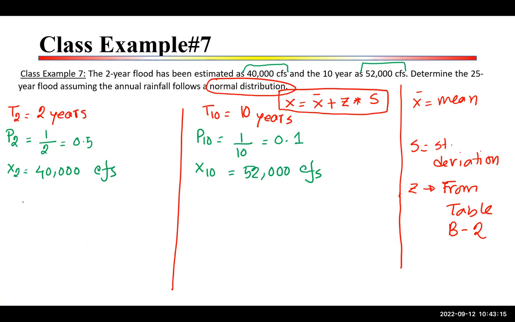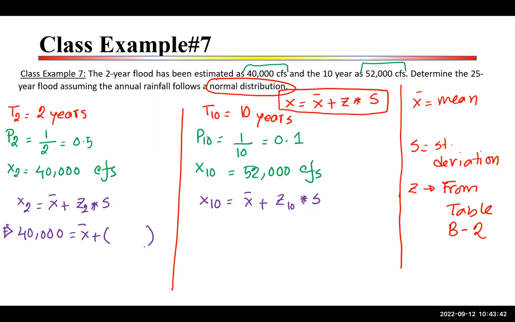Okay, so I will write down X2 equals X bar plus Z2 S. I'll write down the same thing here. I already have 40,000. I don't know the X bar.